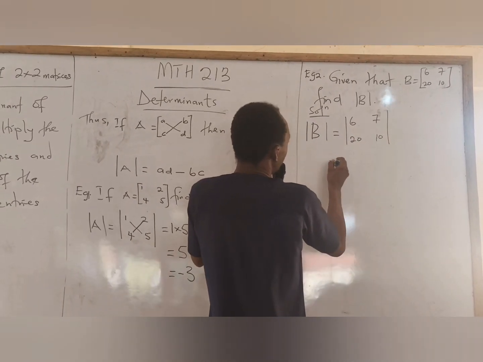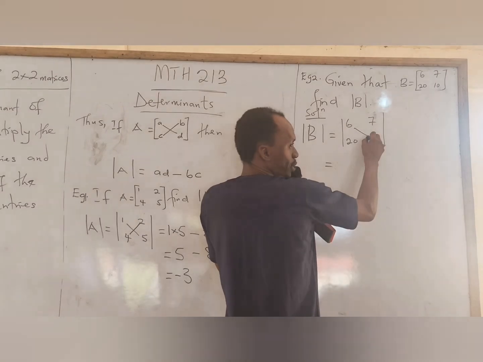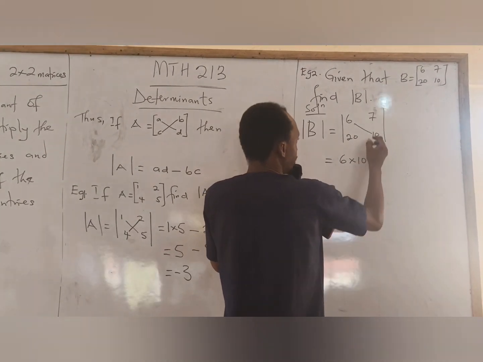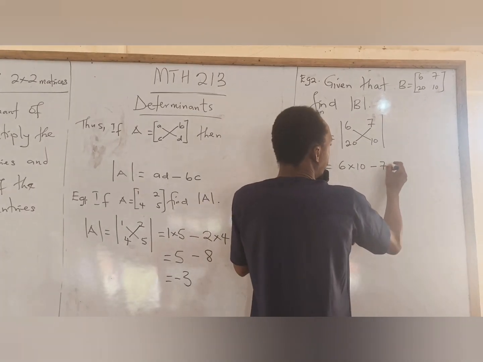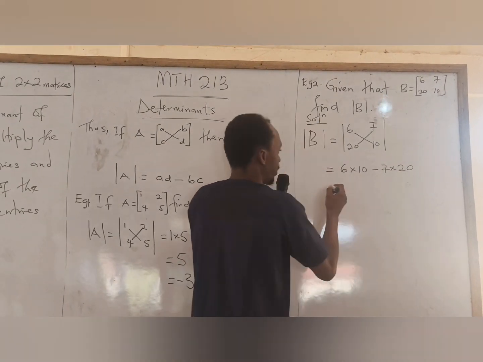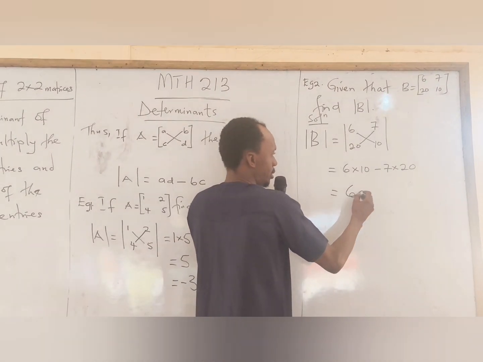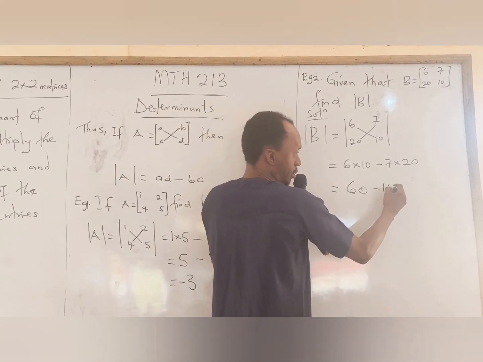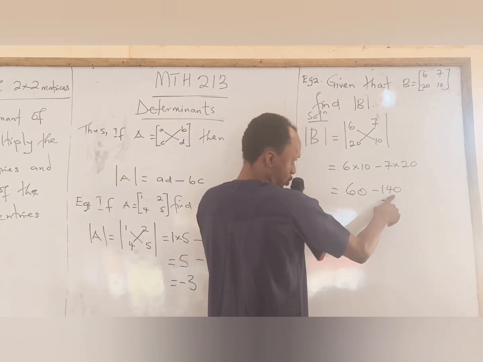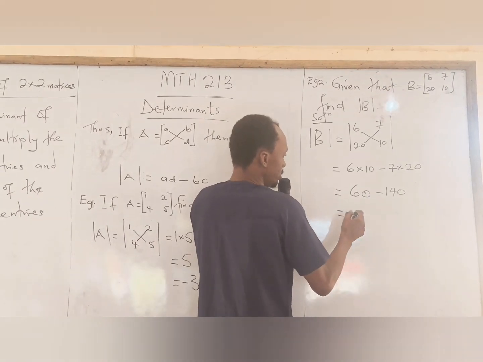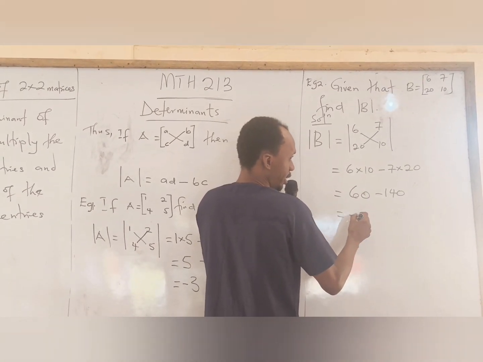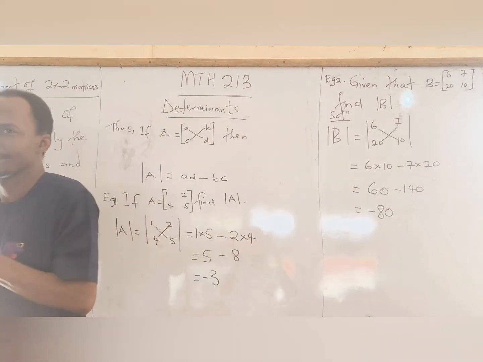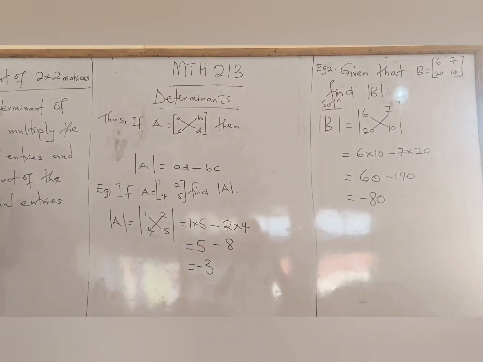We said you multiply the principal diagonal: 6 times 10, minus, multiply this, 7 times 20. 6 times 10 is 60. 7 times 20 is 140. When we subtract, what do you get? Negative 80. Any problem?